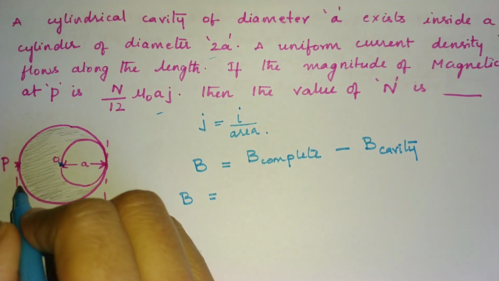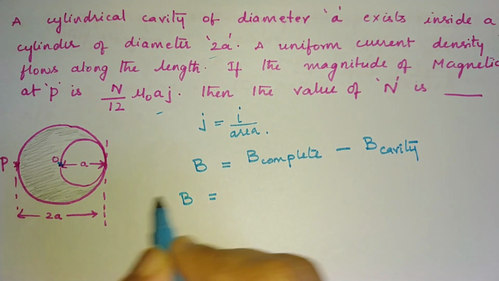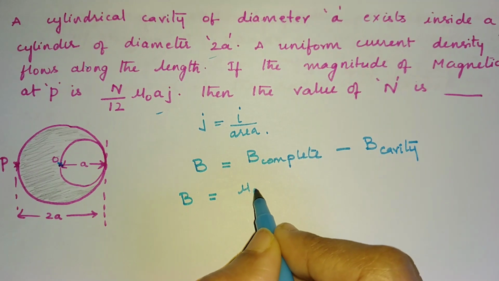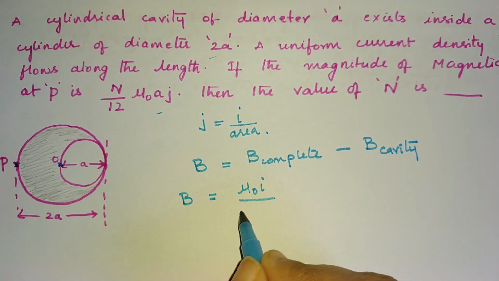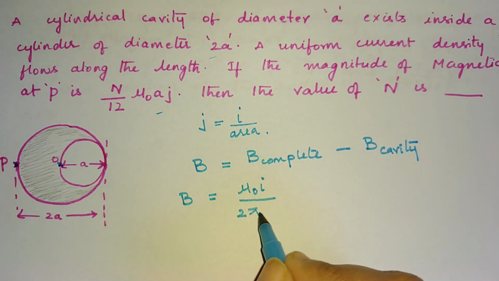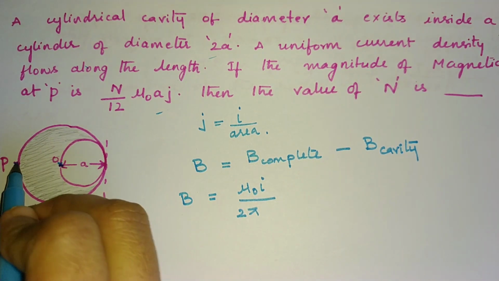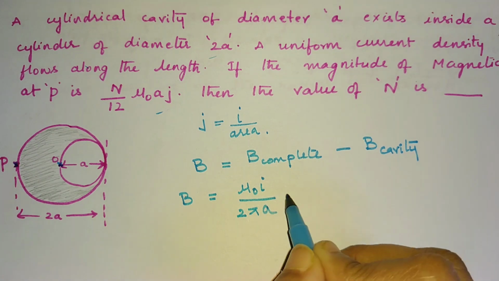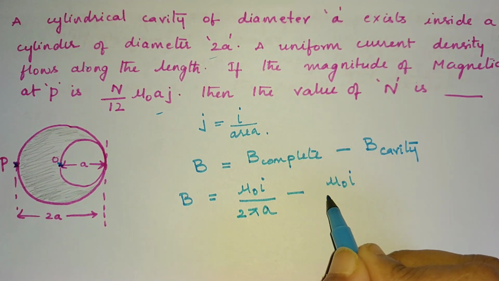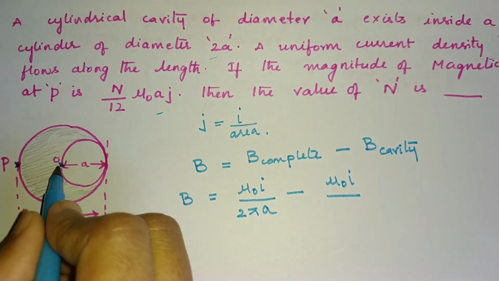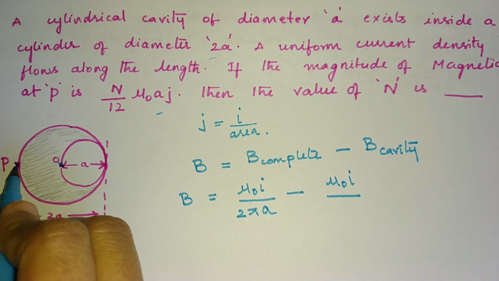For this complete conductor, whose radius is A, we know for an infinite long current carrying conductor on the surface, it's mu naught I, total current, by 2 pi into radius. Can I write the radius as A? Minus mu naught I by, because of the cavity, but the point is outside this cylindrical conductor.